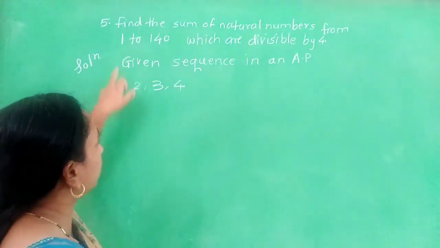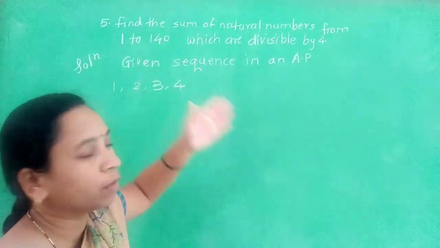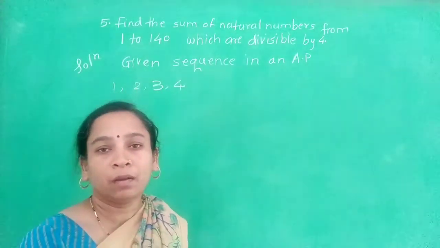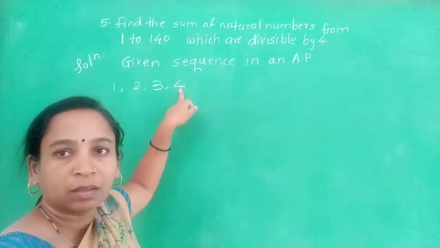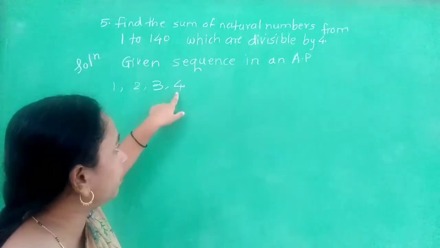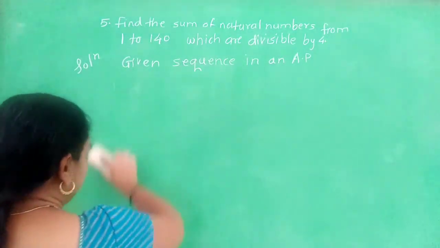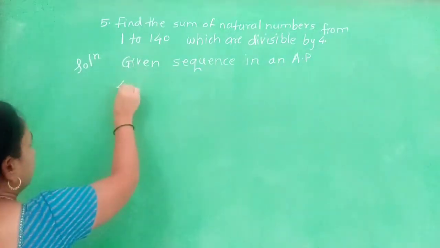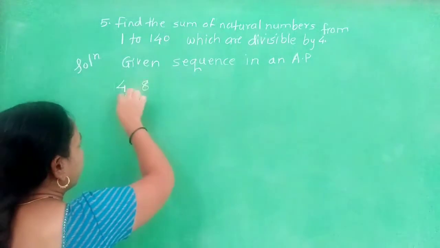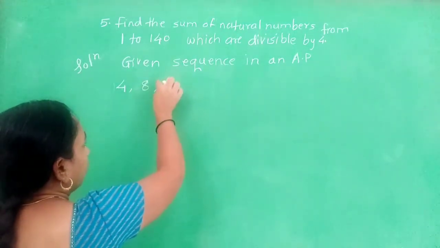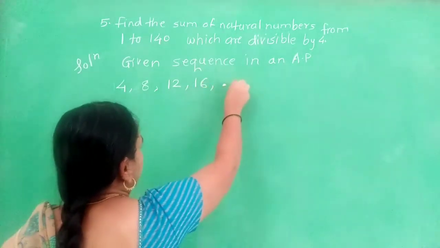So here they have said that it starts from 1, but they have given one more condition, it should be divisible by 4. So if it is divisible by 4, my starting number, that is T1, should be 4. So my sequence starts from 4. It is divisible by 4, so the next number would be 8. So the difference between these two would be 4, then 12, 16, etc.